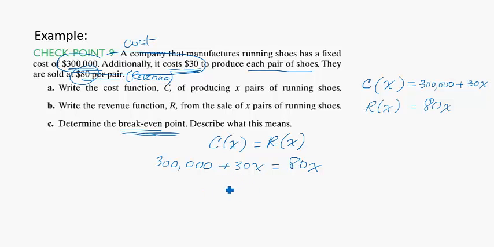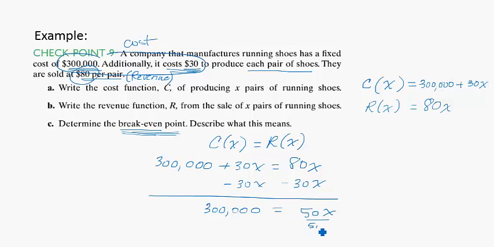And when we do this, we can solve by subtracting 30x here and subtracting 30x here. And we get 300,000 equals 50x. Divide both sides by 50. And x is, so this is 300,000 divided by 50, and x is 6,000.